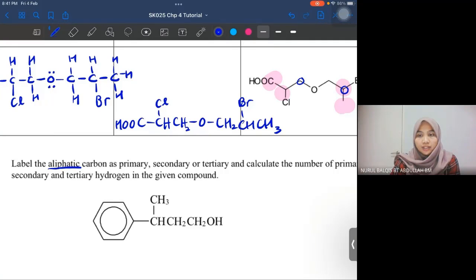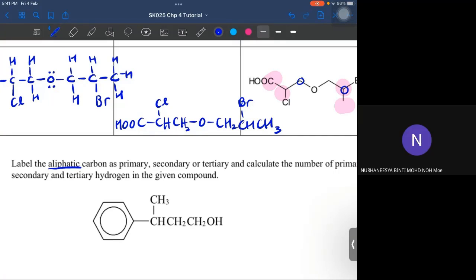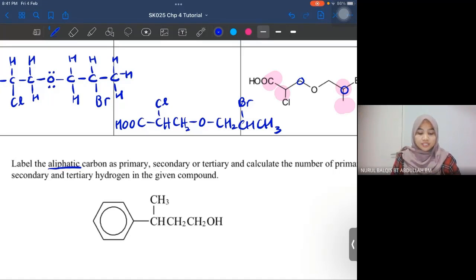Bila cakap aliphatic, do we still need to look at the carbon in the ring? Yes, Miss. Yes, the questions ask you to label the aliphatic carbon. Bila dia kata aliphatic, maksudnya dia adalah carbon yang berada pada open chain. Do you still need to consider the carbon in the aromatic ring? No. So terus tengok carbon yang lain tu.